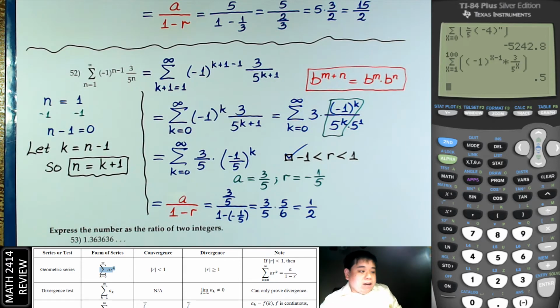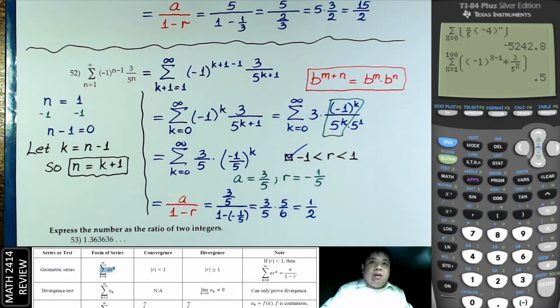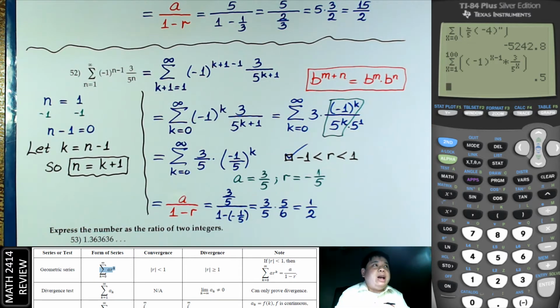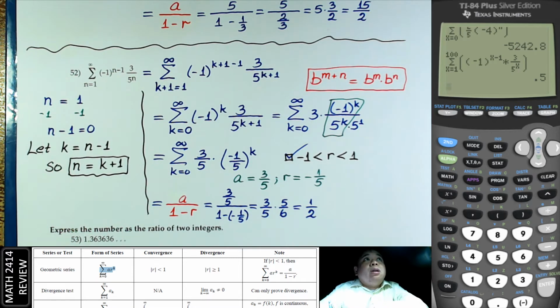Yeah, it's 1/2. As you see, only the first 100 terms and the calculator gets a very good approximation, 1/2. Of course, this will equal 1/2 when it goes on indefinitely. Right.